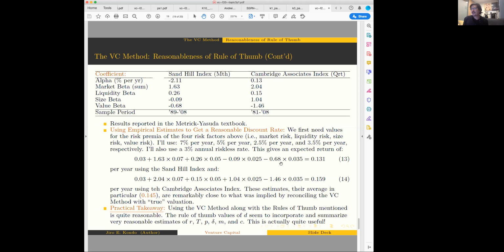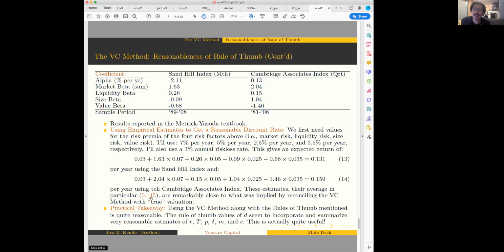So I got 13.1% with Sandhill. I got 15.9% with Cambridge Associates. You average that, you get 14.5%. I've never had anything look so close in my life until this moment.